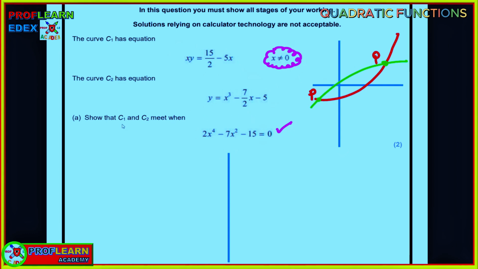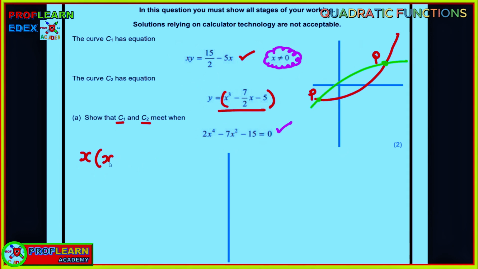So for us to equate these two equations, we can use substitution, meaning that whenever we have y in the first equation, we can now replace that with x cubed minus 7 over 2 x minus 5. So that translates to x into brackets y, but y we're going to replace with this guy here.